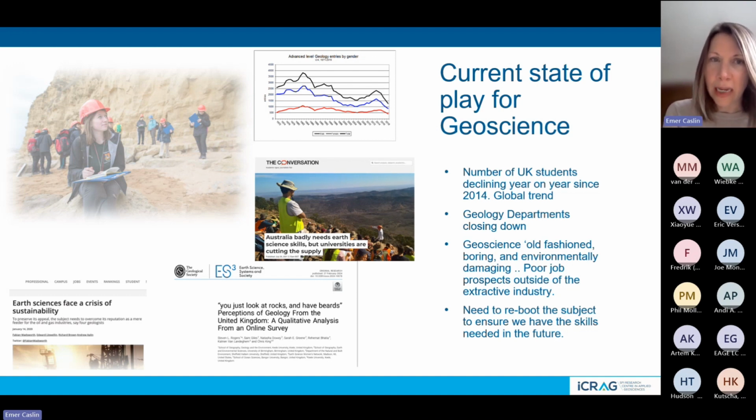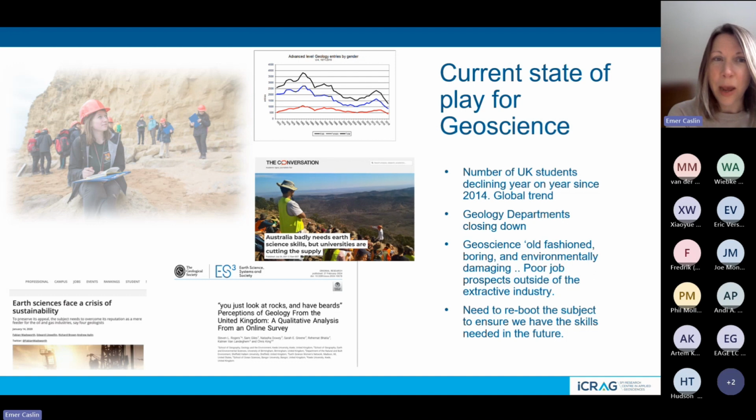For example, in the UK, student numbers have been declining year on year since 2014. This is more of a global trend as well, not just in the UK and in Europe, but actually broader than that. So also geology departments closing down, in Australia, all over the place really.